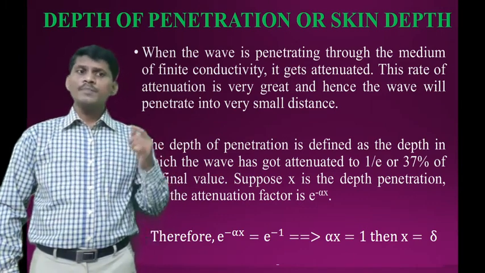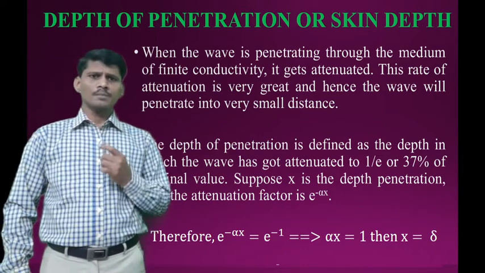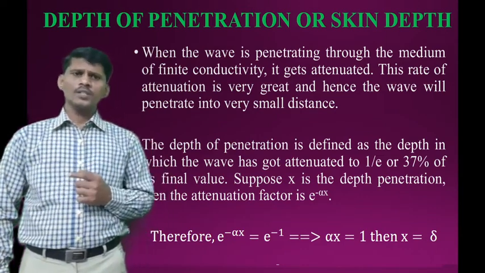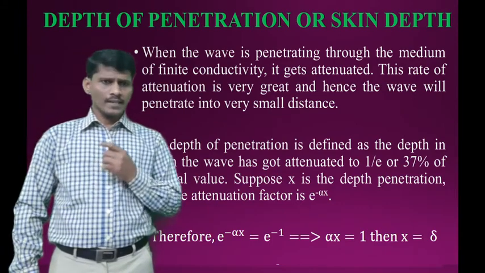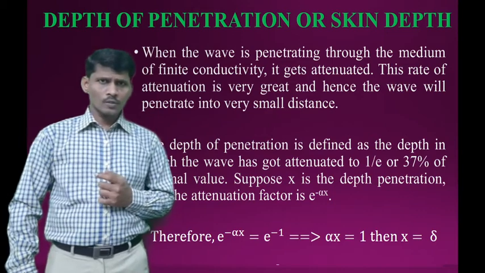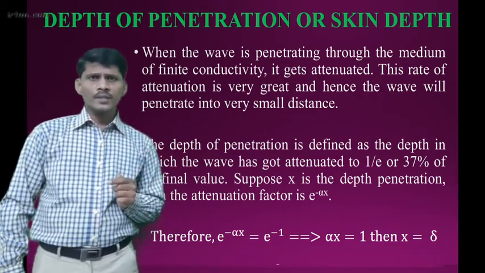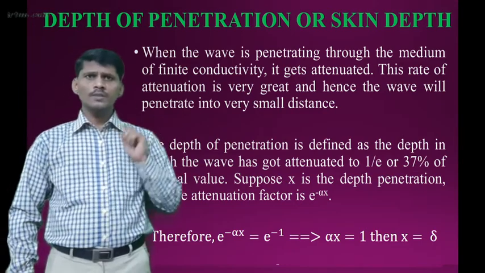It is called the depth of penetration. Suppose x is the depth of penetration, then the attenuation factor is e power minus alpha x. Therefore, e power minus alpha x is equal to, by the definition of the depth of penetration, 1 by e of the final value or 37% of the final value.